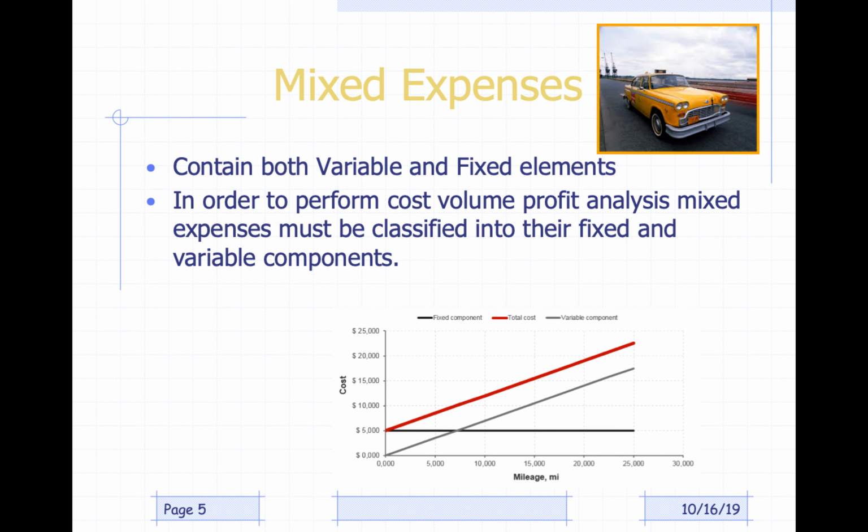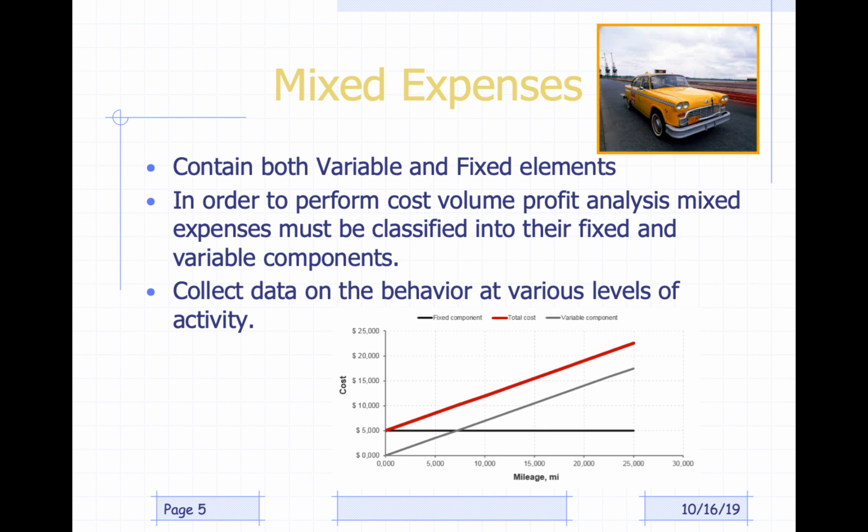In order to perform the cost, volume, and profit analysis, you'll have to break down your fixed and your variable components. You'll understand the fixed and the variable component of it, and then you'll be able to categorize everything.